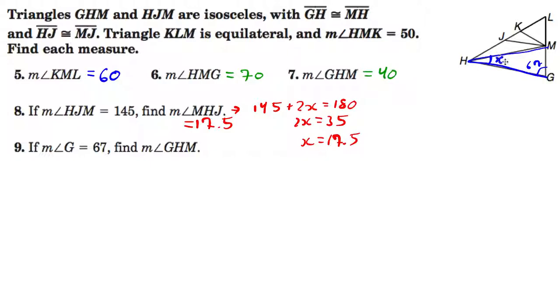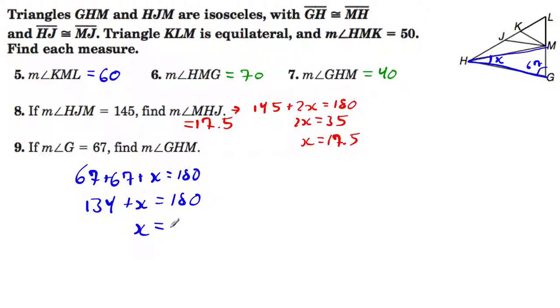So if this is x, we know 67 plus 67 plus x is equal to 180. Well, 67 plus 67 is 134. So if we subtract 134 from 180, we are going to get 46. So that means that this is equal to 46.